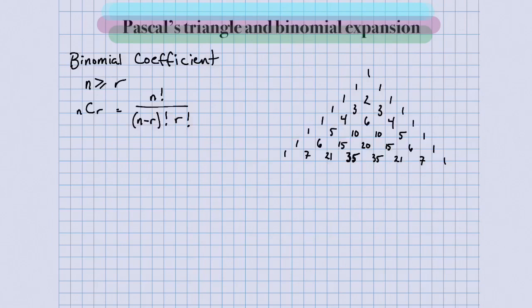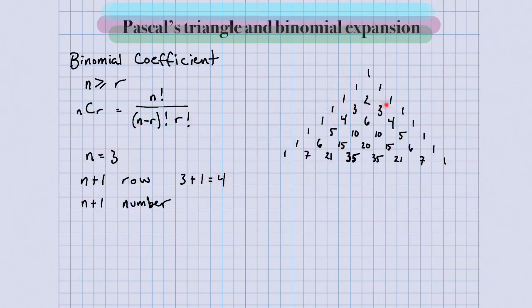So if I want n to equal 3, let's say n equals 3. That means it's going to be n plus 1 row, and it's going to be n plus 1 numbers. So n plus 1 row, that means 3 plus 1, that equals 4. So the fourth row. So there's 1, 2, 3, 4.